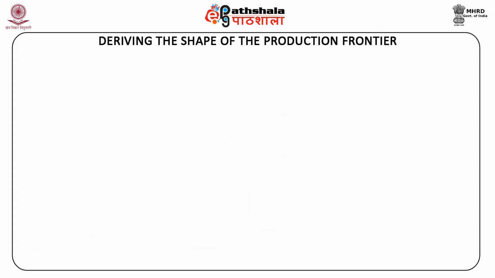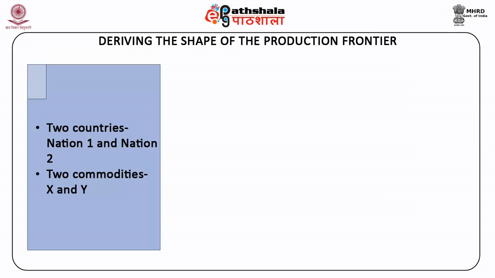Let us take an example to understand this better. Let us assume that there are two countries, Nation 1 and Nation 2. The two commodities are commodity X, which is a capital commodity, and commodity Y, which is an agriculture commodity.